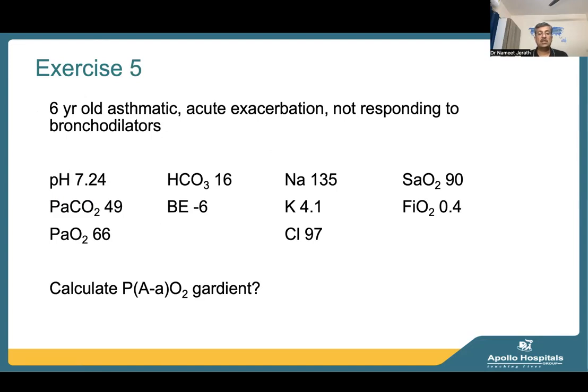You can see that the CO2 is raised and the pH is low, and so is the bicarbonate. So you can see here that there is a mixed problem happening. But in this exercise, we are not going to go for the blood gas analysis. We'll just focus on calculating the alveolar to arterial gradient of the oxygen, right?